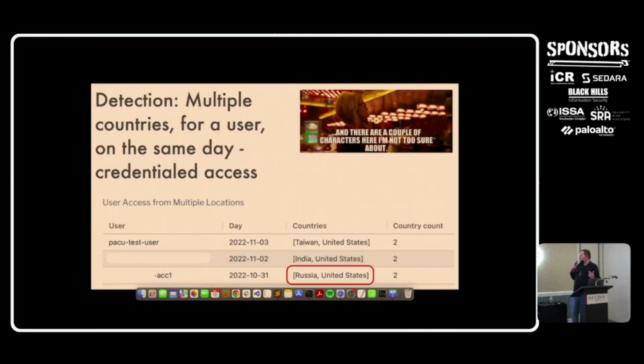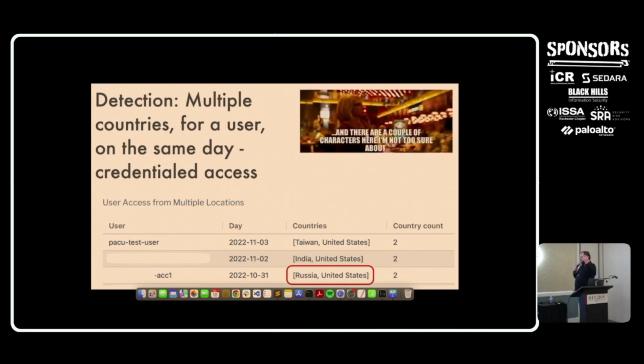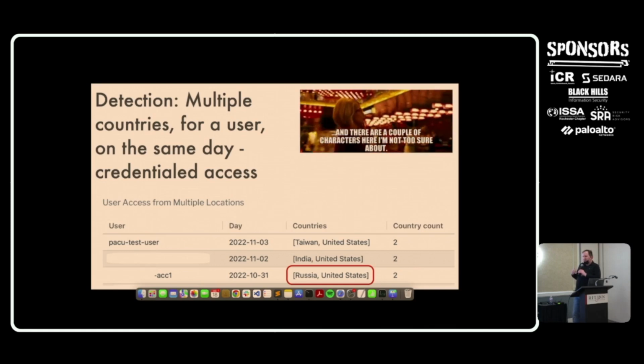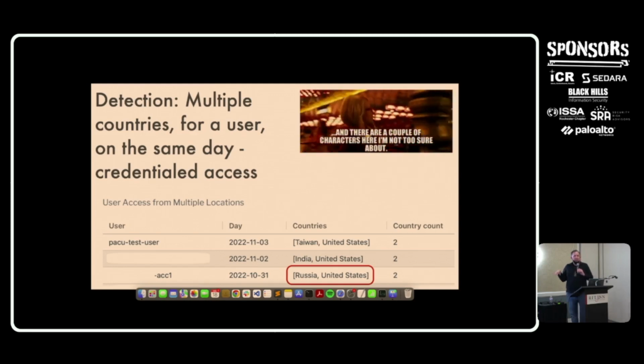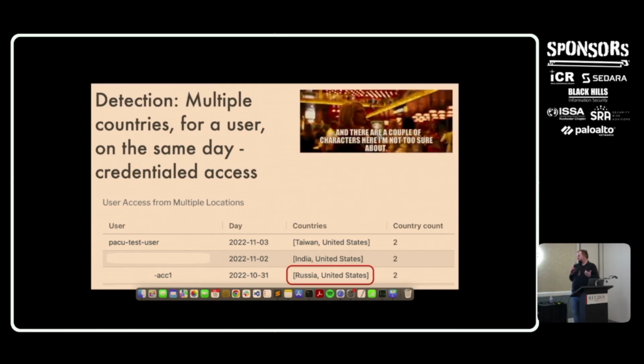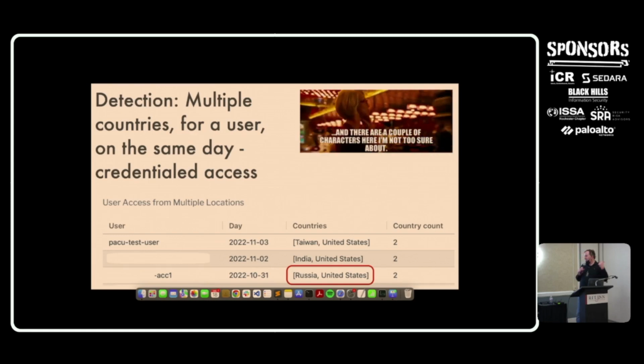Some other examples. In the chart, I mentioned there's some geographic detection I'm doing there. So geographic detection, looking for things like a user account or a user context coming from 2 or more different countries at the same time. And that's a technique that's worked well for me generally with authentication events and many kinds of events.